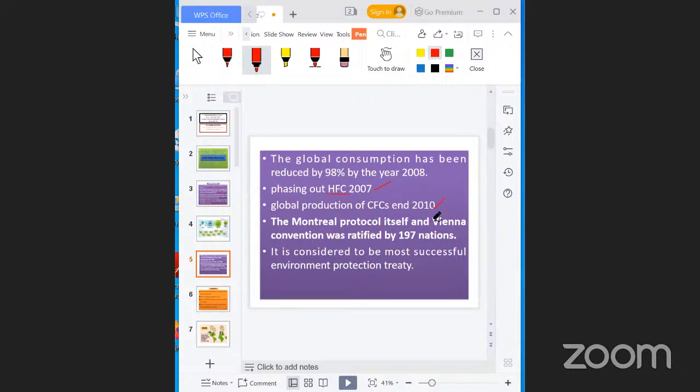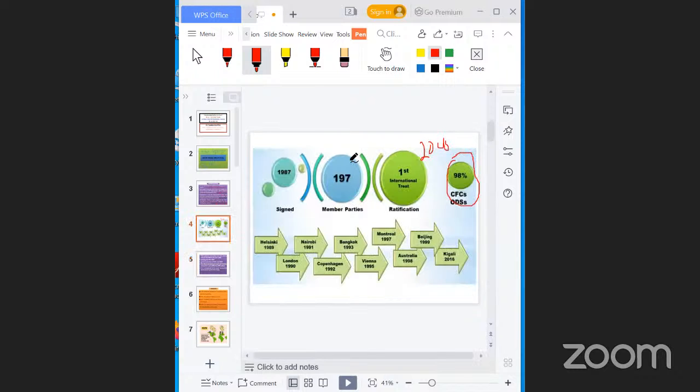The Montreal Protocol and the Vienna Convention were ratified by 197 nations. These 197 countries have signed this protocol, so the Montreal Protocol achieves universal ratification status.